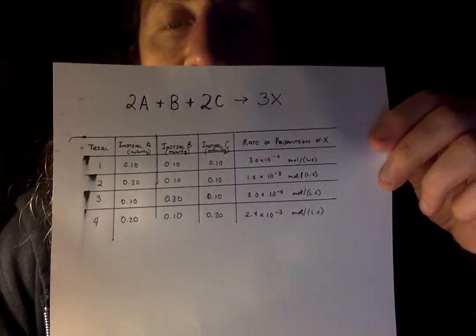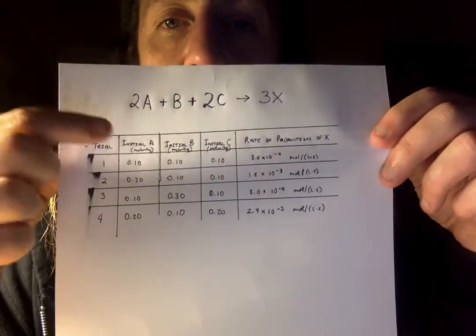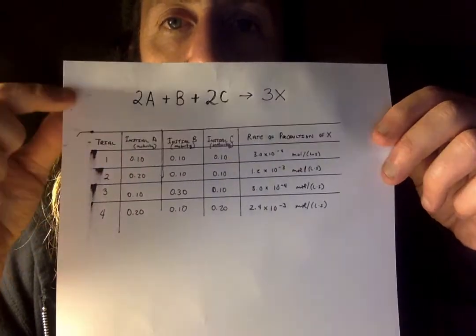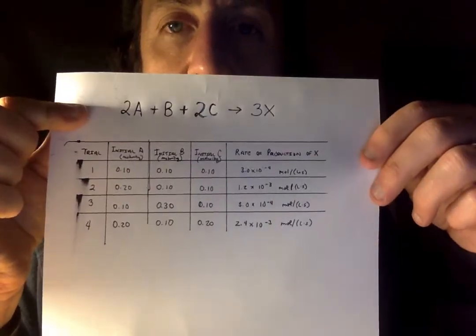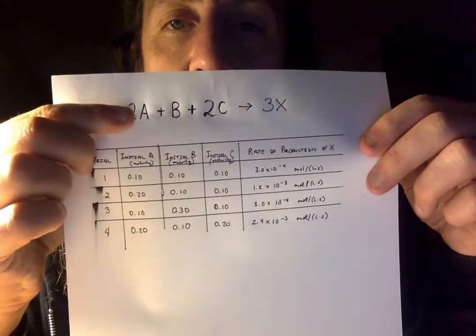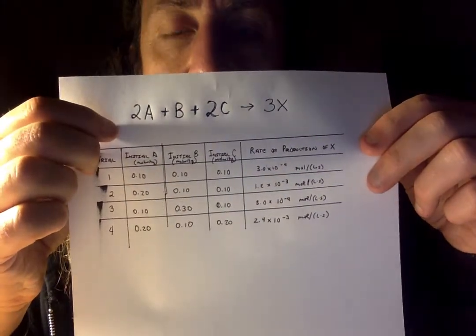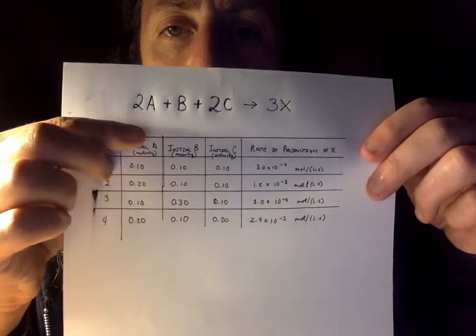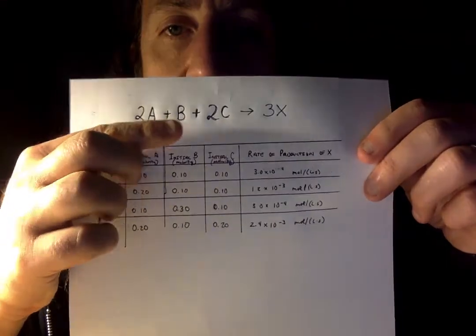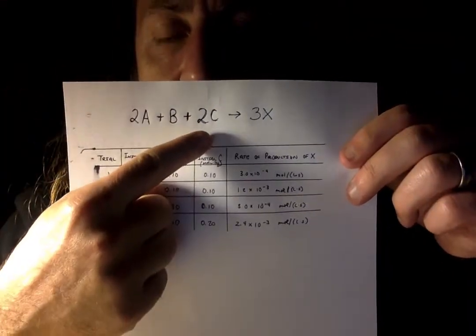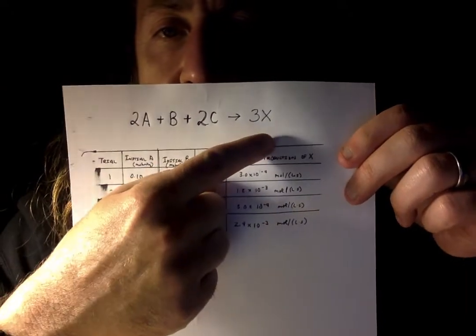And remember what I said, that you need to determine an actual rate law by actually doing the experiment in the lab. So what I have here is 2A plus B plus 2C yields 3X.